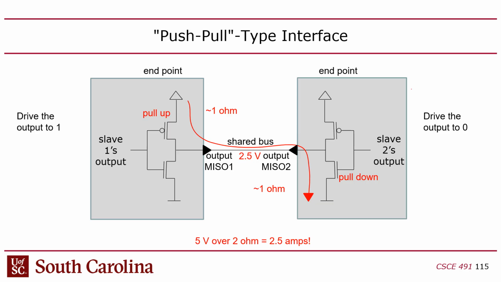Now, I mentioned that the grounds are shared. There's a common ground for SPI and UART, right? There's a common ground, and usually you have a common VDD here too. But what will end up happening is that you'll start dumping a lot of current. So you'll have this low impedance path from power to ground, but involving two different chips.